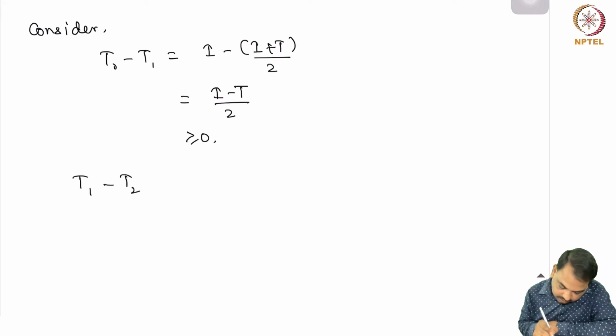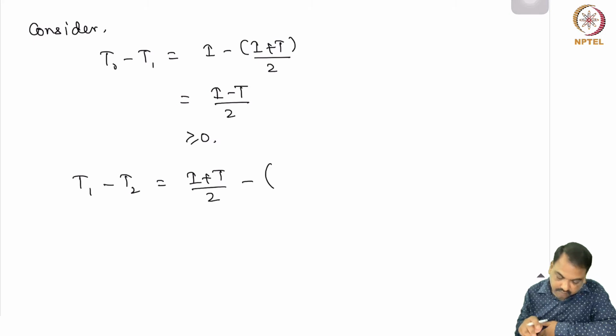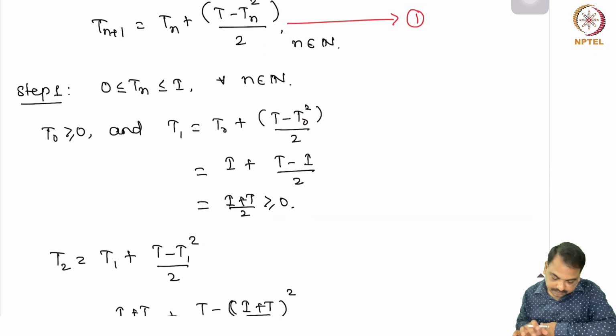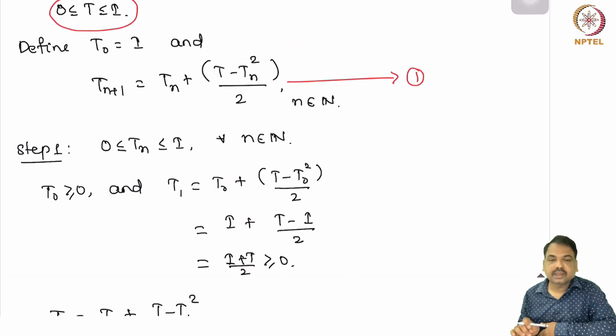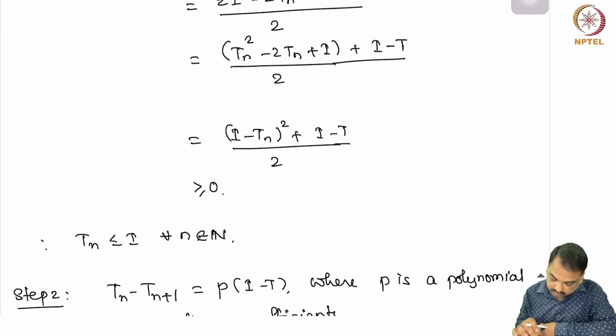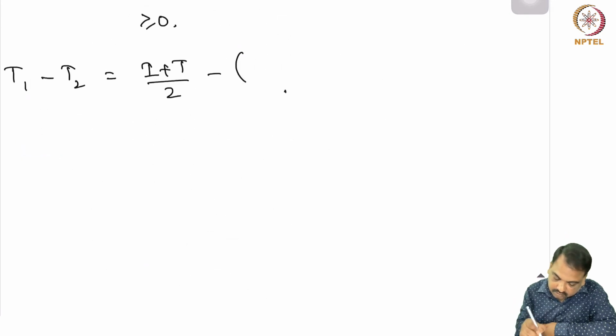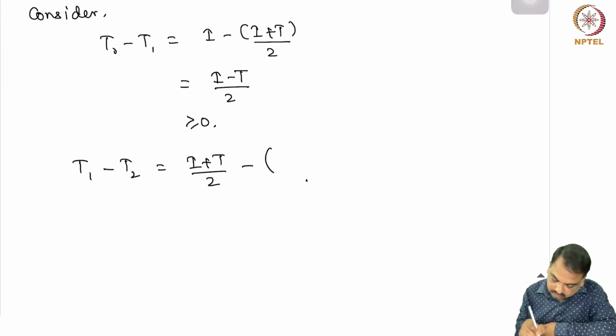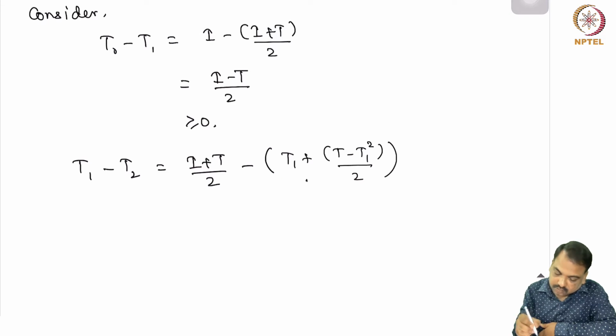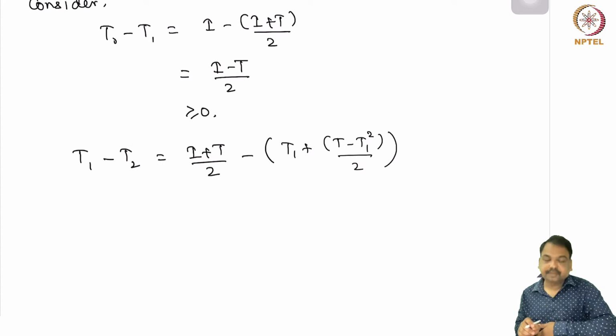T1 minus T2. This is I plus T by 2 minus T2. By definition, T2 is T1 plus T minus T1 square by 2. So let us replace T1 by I plus T by 2.